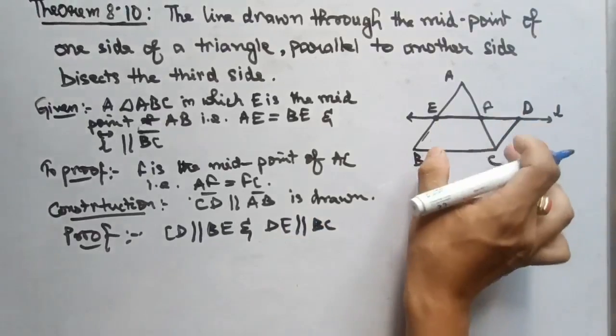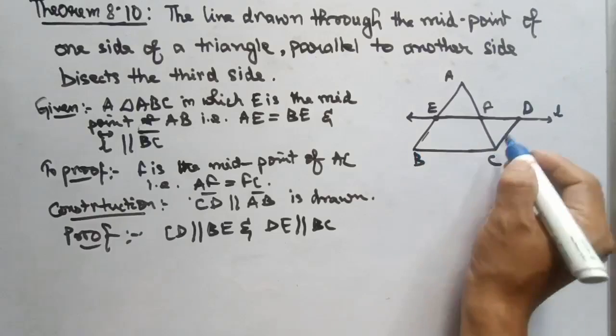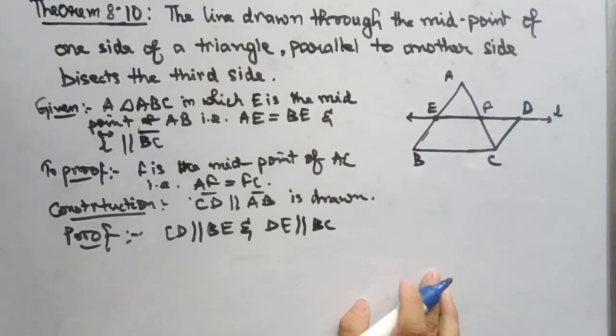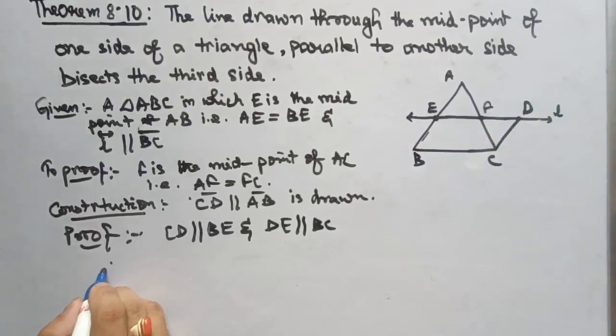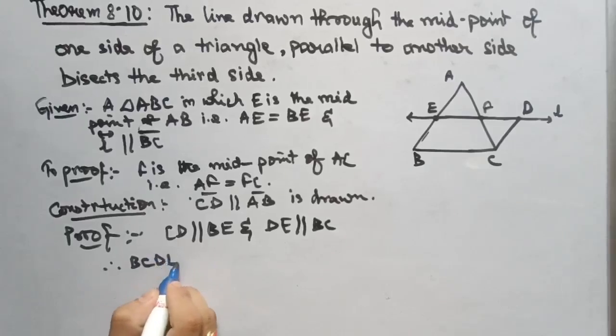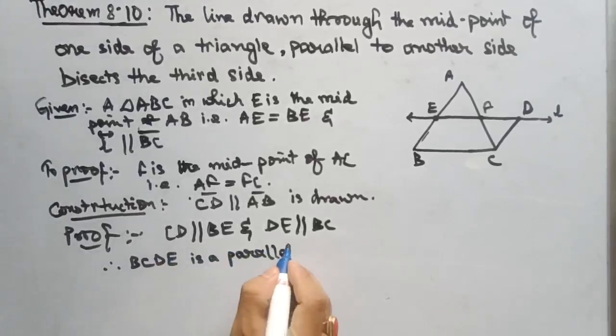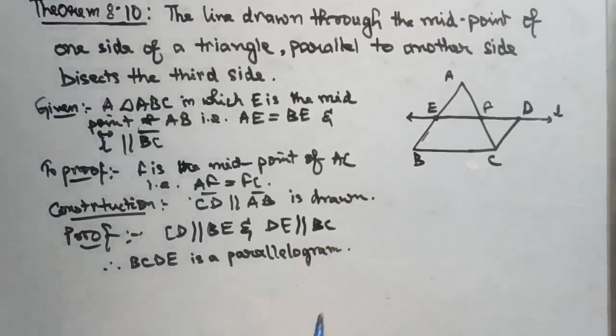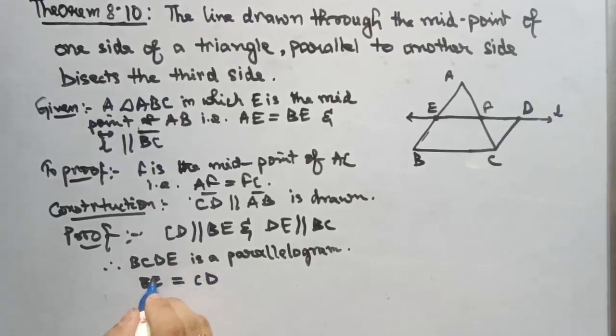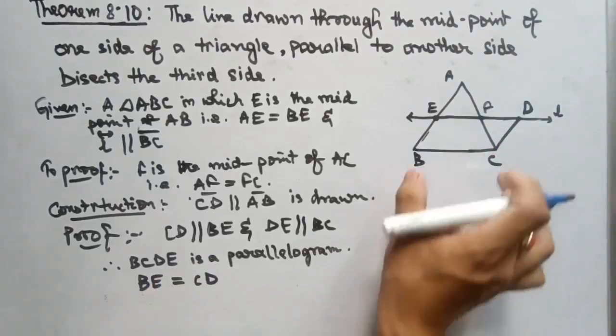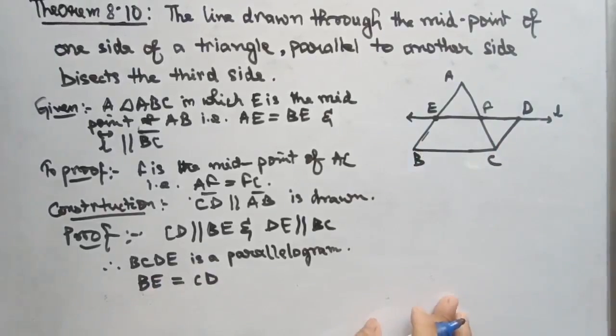Since the two pairs of opposite sides of this quadrilateral BCDE are parallel to each other, we can say that therefore quadrilateral BCDE is a parallelogram. Therefore, BE is equal to CD. Side BE is equal to CD because these two sides are the opposite sides of the parallelogram.